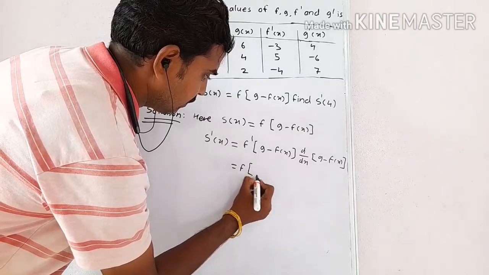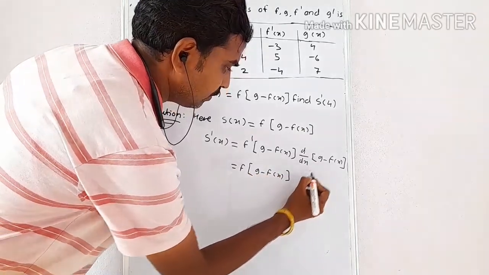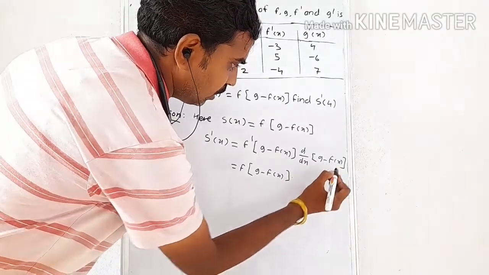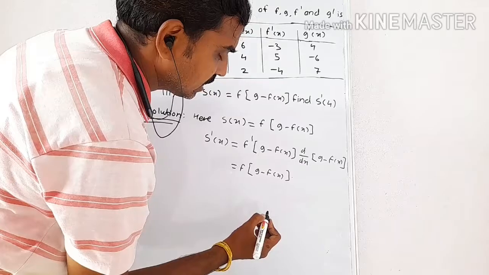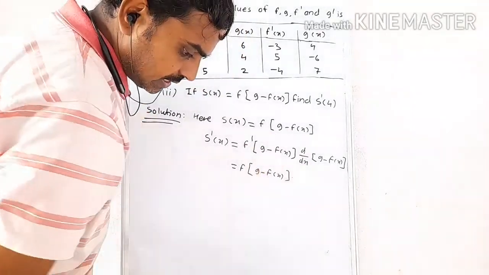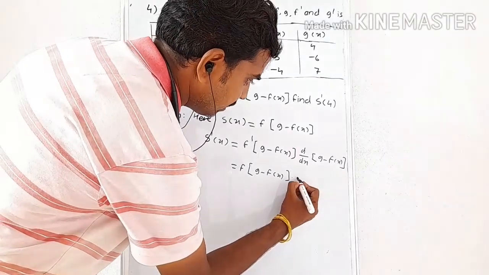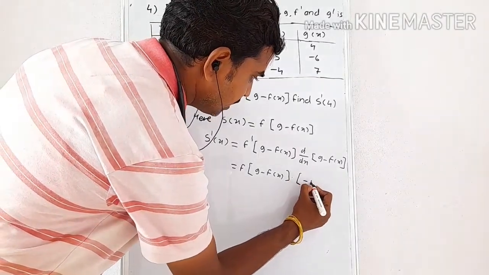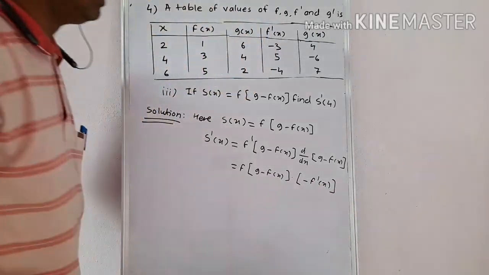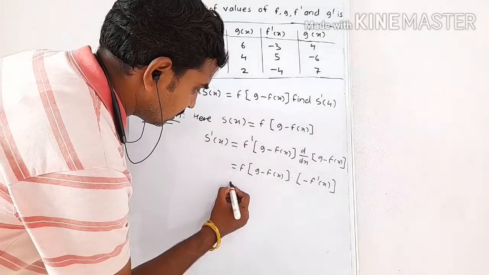Therefore f dash of 9 minus f of x into derivative of 9, which is 0, so there is no need to write this derivative. The derivative of f of x is f dash of x, and here the minus sign remains. Therefore we write the answer as minus f dash of x, because the minus sign does not cancel.